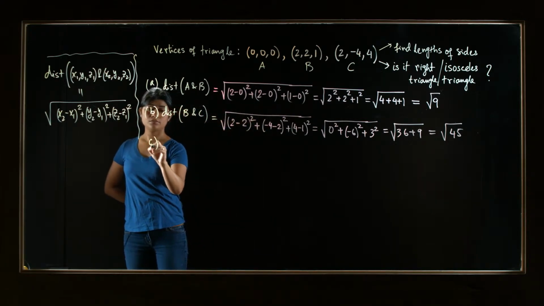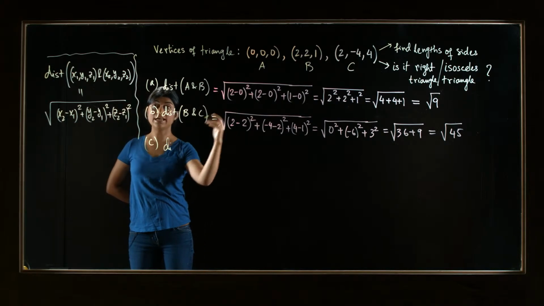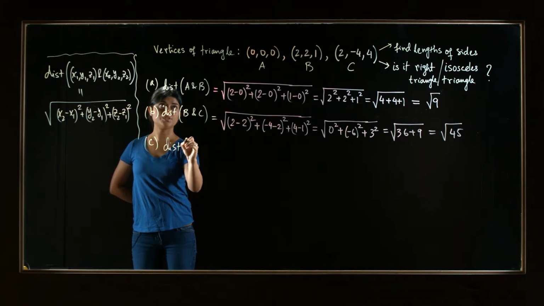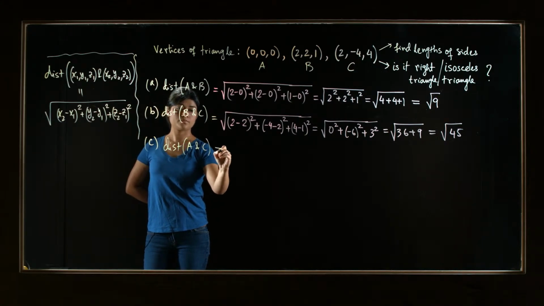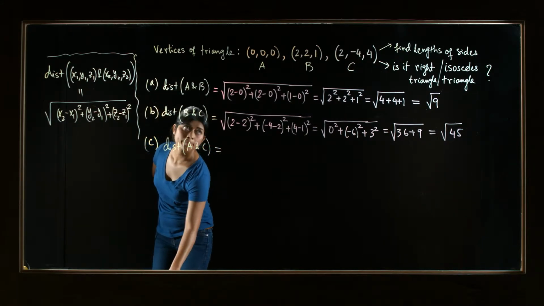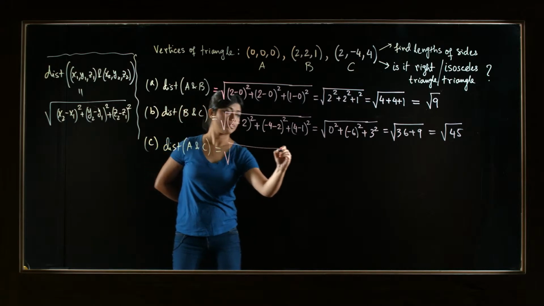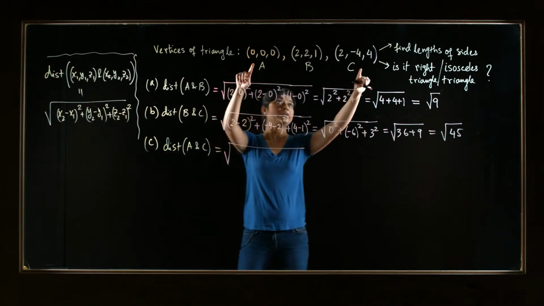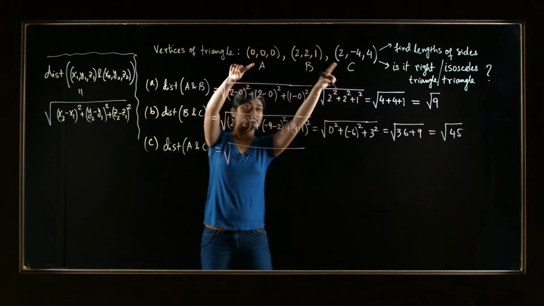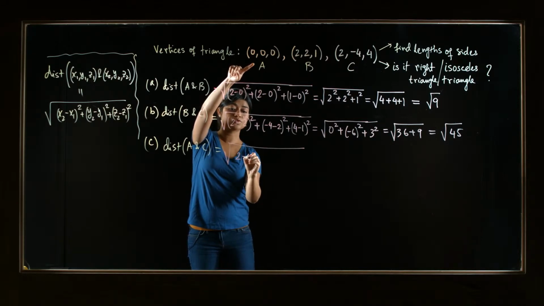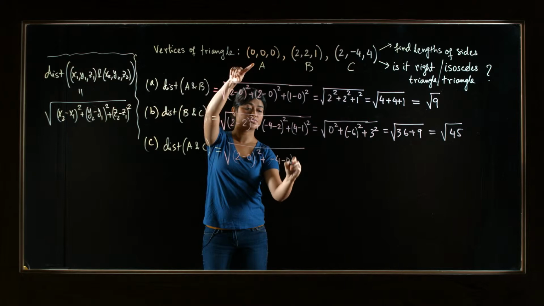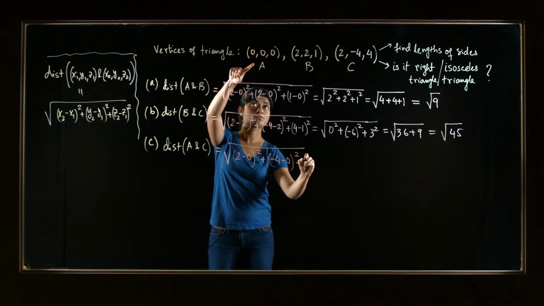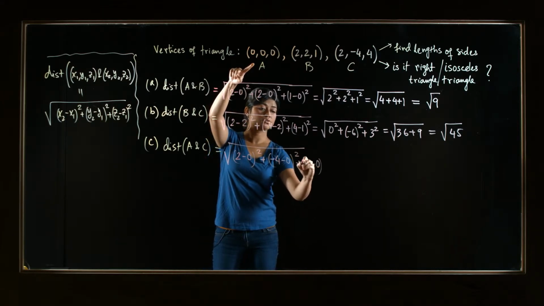Finally, the last side, that's the distance between A and C. Okay, so let's look at the point A and the point C. Take the difference again, (2 minus 0) square plus (negative 4 minus 0) square plus (4 minus 0) square.